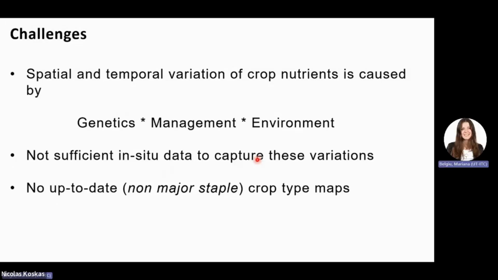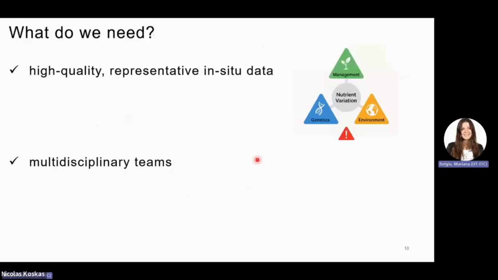Collecting in situ data is a key prerequisite in order to generate reliable predictions by using satellite images. And another bottleneck of our approach is that we do not have access to up-to-date information on the crop type maps. Without these maps, we cannot generate spatially explicit information.